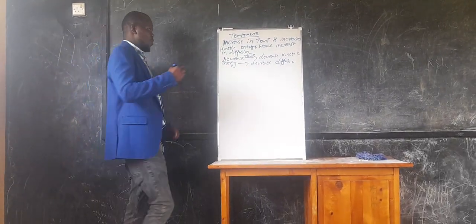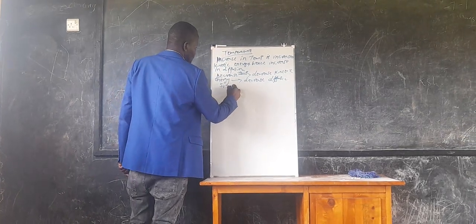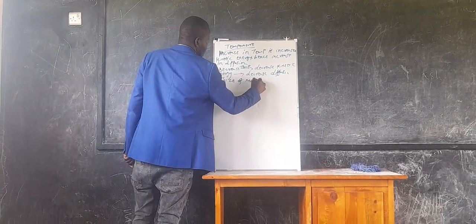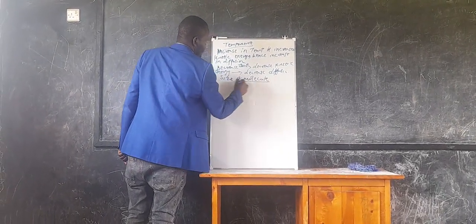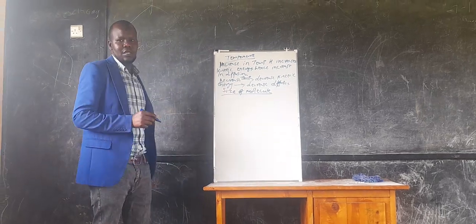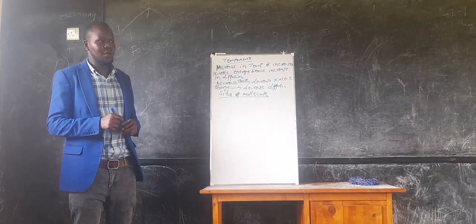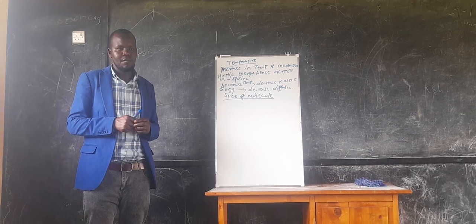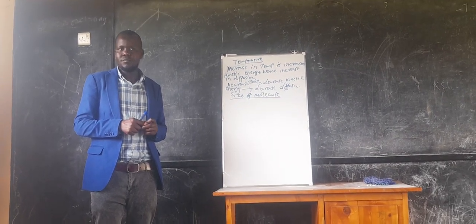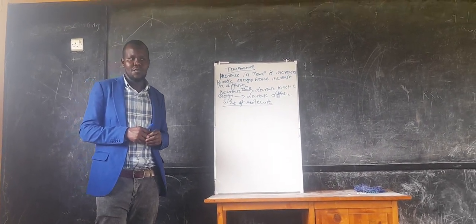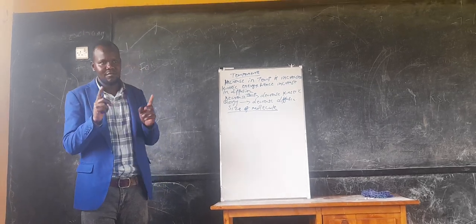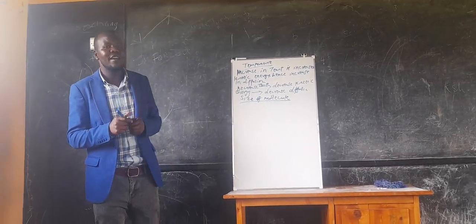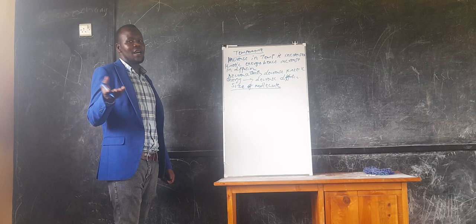Let's go to the size of the molecule as our number two. Size of what? Size of the molecule. Explain to us the size of the molecule. Small and light, not small at all. Small can be heavy, right?